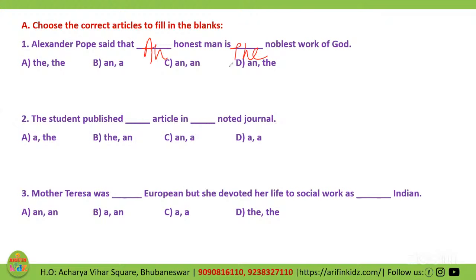So answer is D. If we put an over here or over here, it becomes a general noun. So it is not specifying the honest man. That's why it has to be the second one.